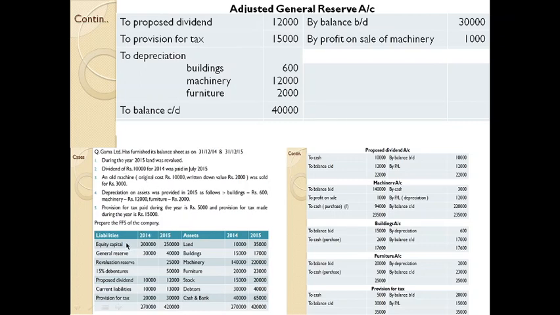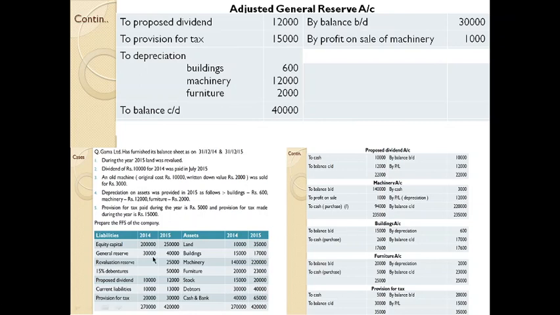So just go through the question part. In a comparative balance sheet, we know what items have to be checked: look for any intangible assets, look for any preliminary expenses written off, look for any discount on issue of shares and debentures, and any miscellaneous expenditures.